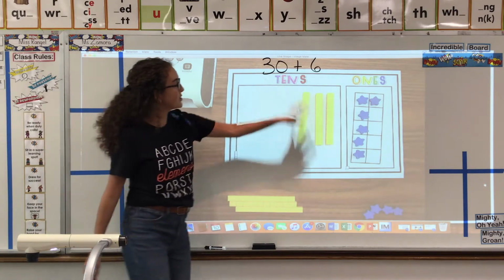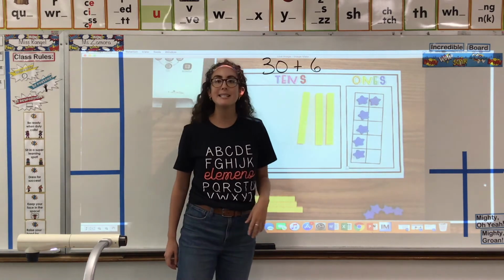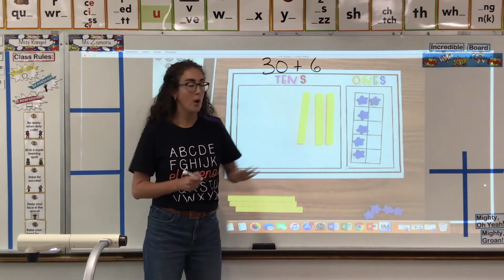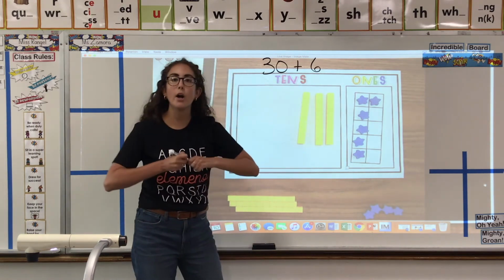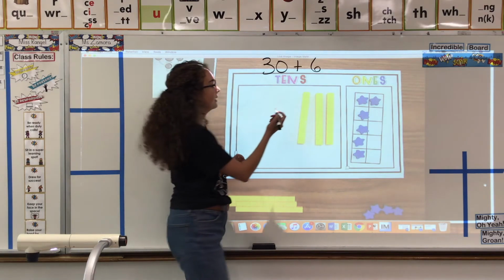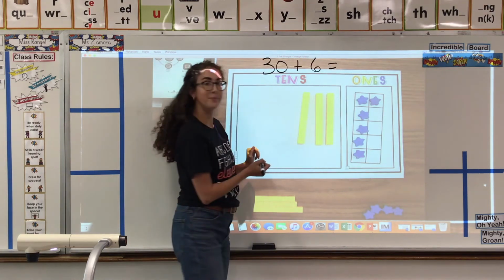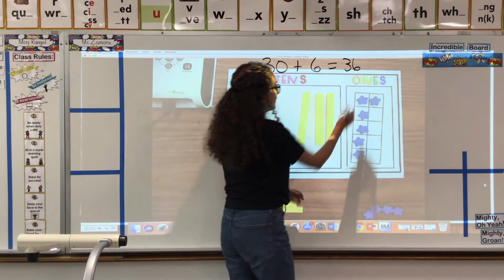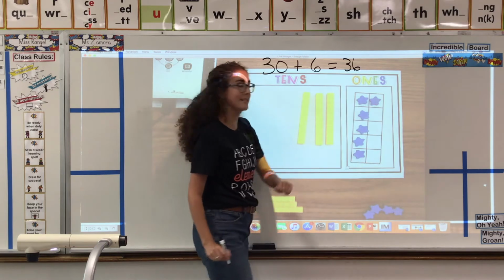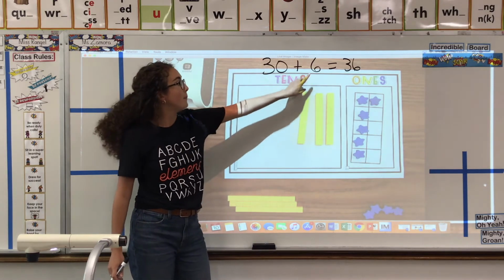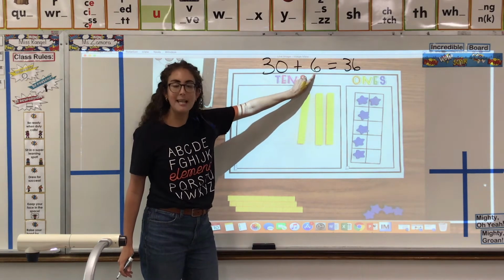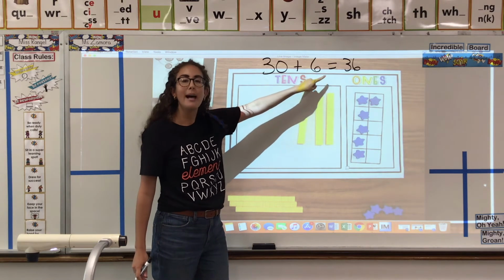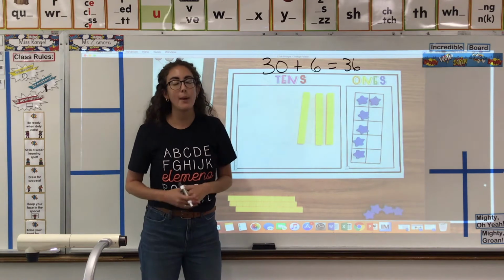Ta-da! We started with 30, and then I added 6 ones. After we added our 6 ones, what number do we see on our place value chart? What number is this? 36. Awesome. 3 tens, 6. By reading our number 6 and knowing its place value, in this sentence, we knew to add to the ones place value.